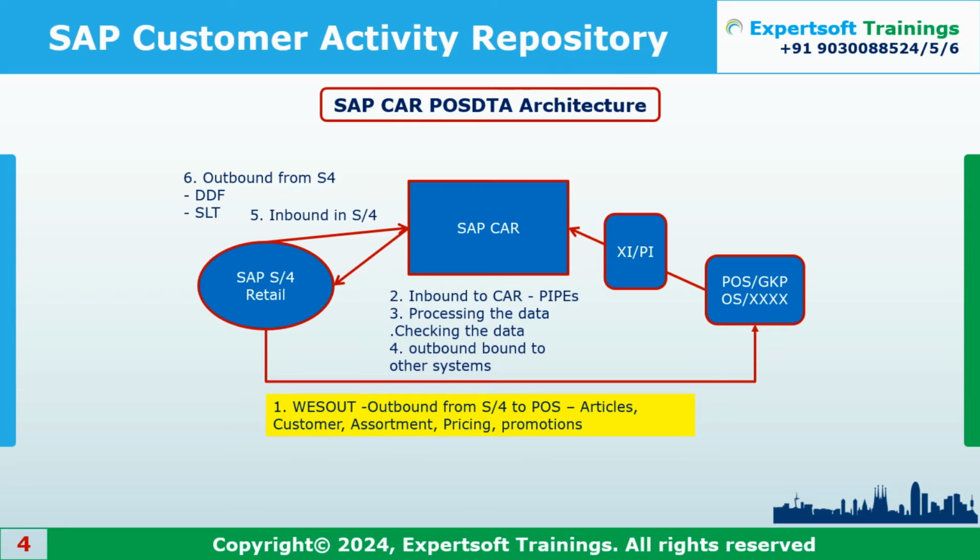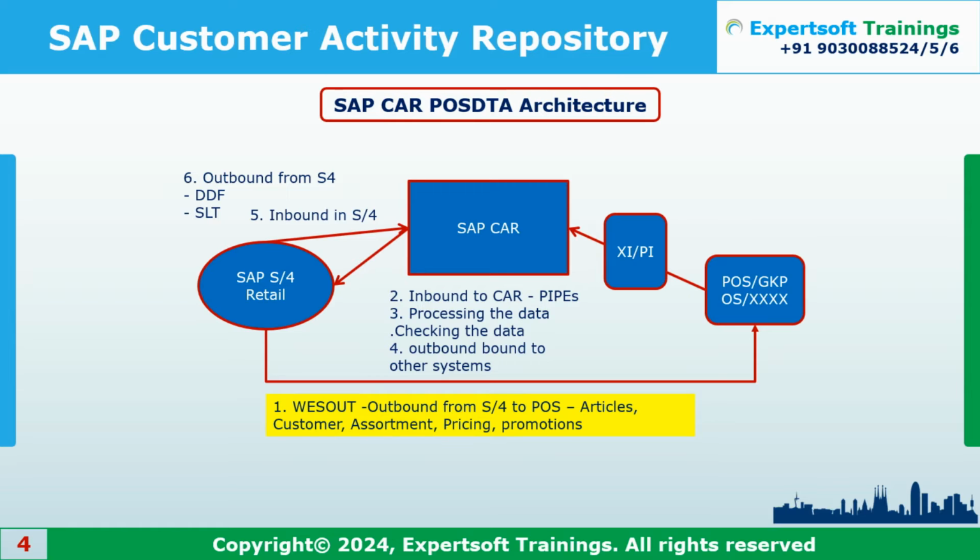Once it gets validated and aggregated, that is then sent back to the S4 system. As I said, your inventory, your sales revenue, your tenders, everything gets posted because we need to post our financials. So that is how the architecture looks.